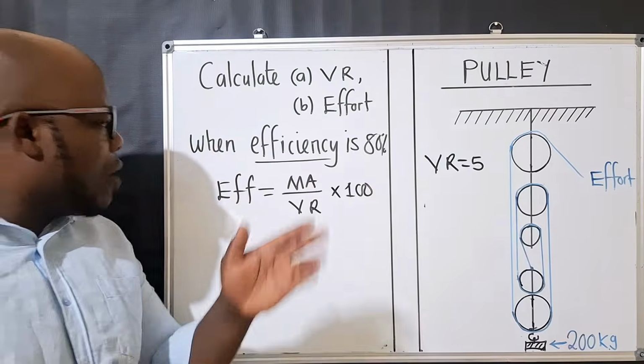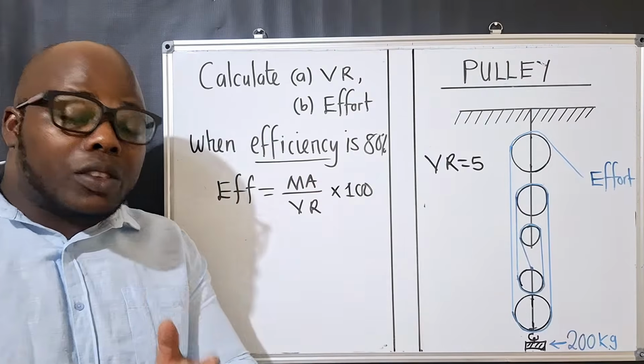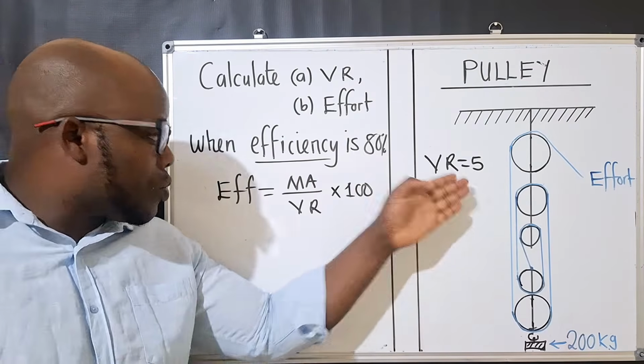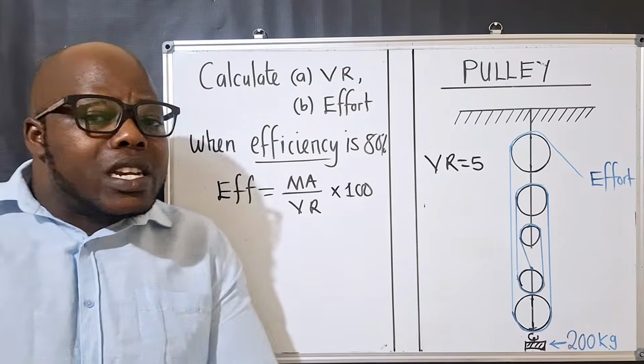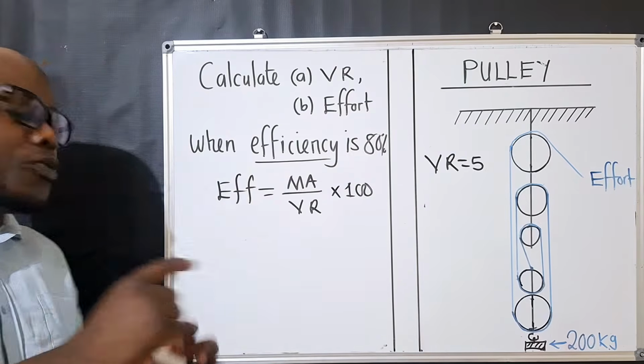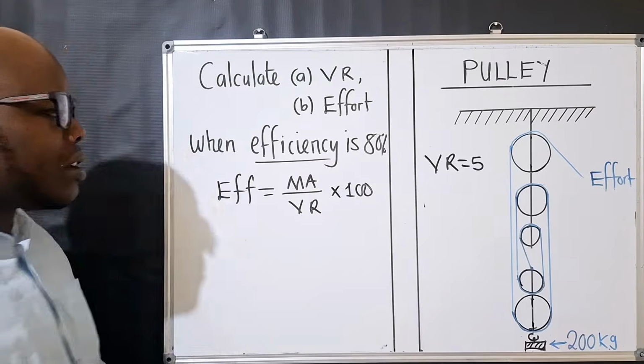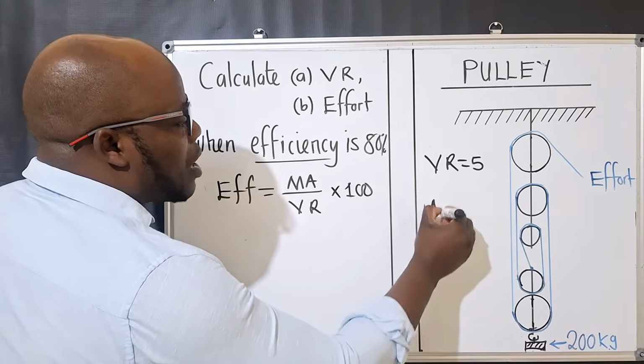I've got the efficiency, which is 80%. Velocity ratio, we've just found to be equal to 5. So our job will be to find mechanical advantage, and when we find that, we use the formula for mechanical advantage.